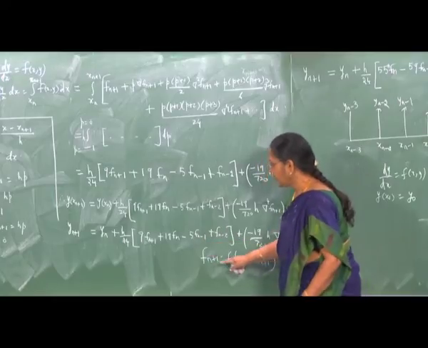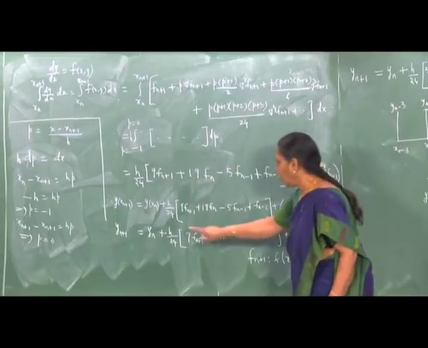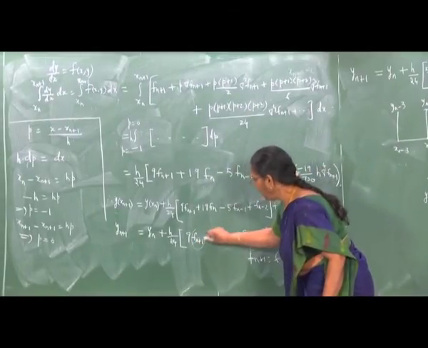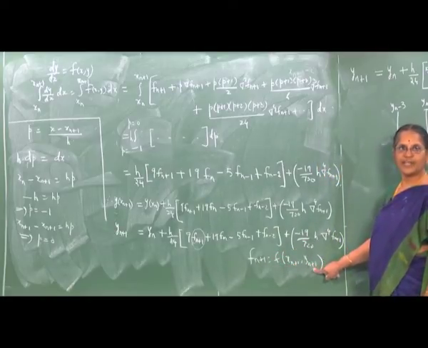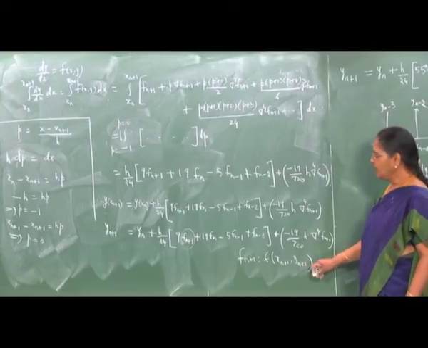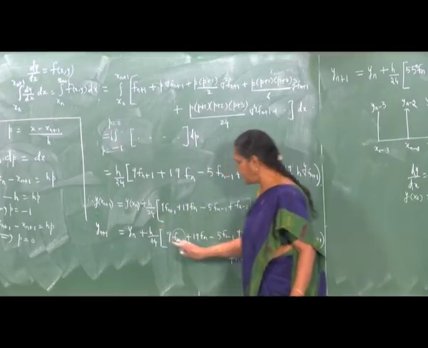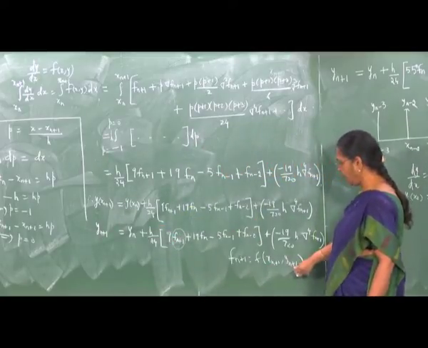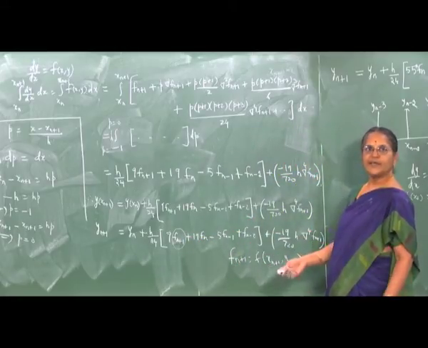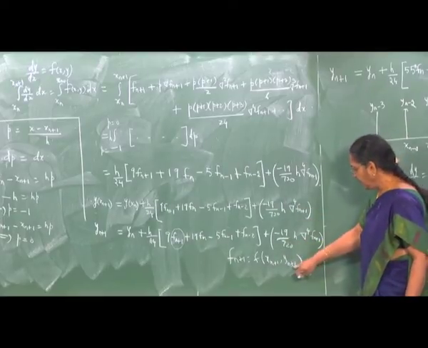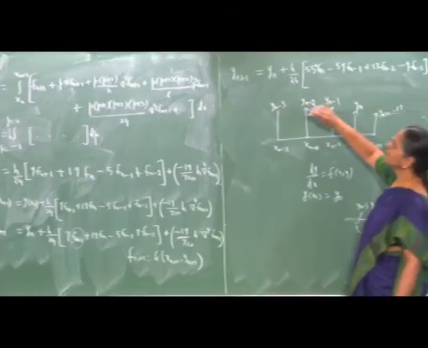Now, we see that the left hand side gives you yn plus 1, and on the right hand side we have fn plus 1, which requires the knowledge of what yn plus 1 is. We are only trying to get what yn plus 1 is, but that involves the knowledge of yn plus 1 in getting fn plus 1. From where do we get it? We make use of the yn plus 1 that we already derived in the earlier method.